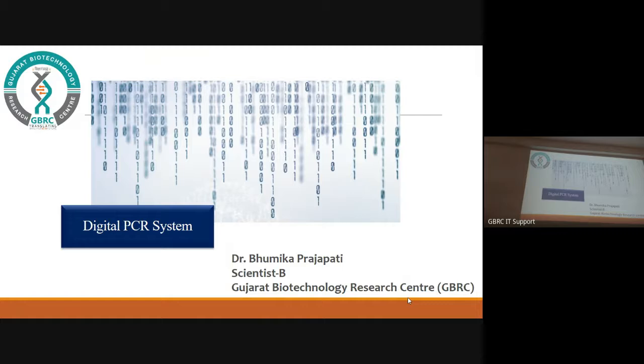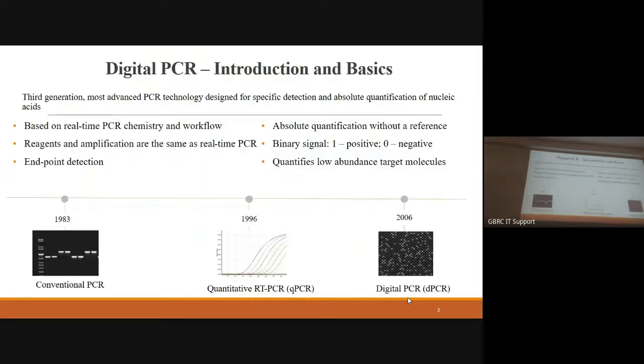So digital PCR is a third generation, most advanced PCR technology, designed for specific detection and absolute quantification of nucleic acid, be it DNA or RNA. What is the beautiful thing about this system?